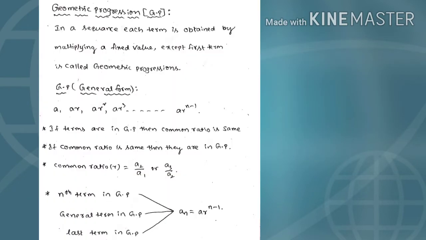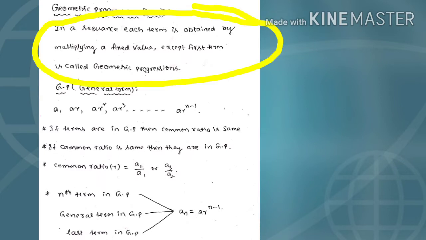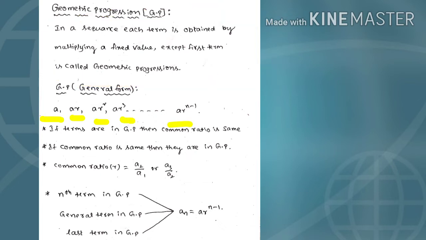Next, GP review, not the lesson. Okay, in a sequence, each term is obtained by multiplying by a fixed value except the first term is called a geometric progression. The number which is multiplied, that fixed value, is called the common ratio. The terms are a, ar, ar square, ar cube and so on.